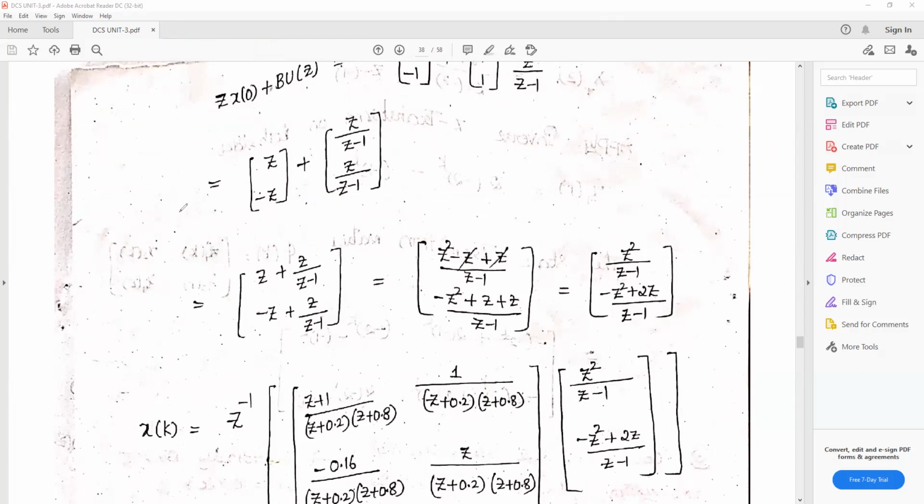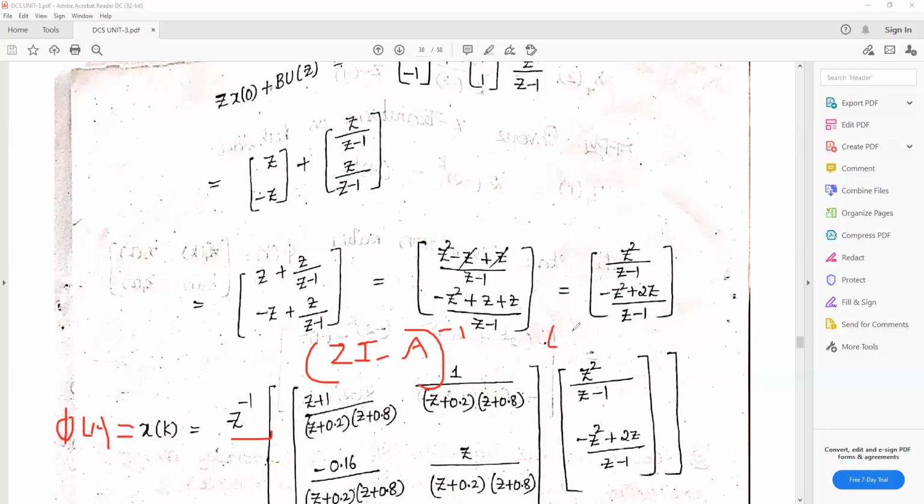And the next, calculating the state transition matrix phi of k, is equal to x of k, is equal to z inverse of zI minus A whole inverse.